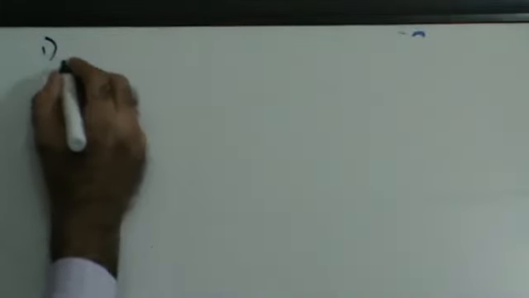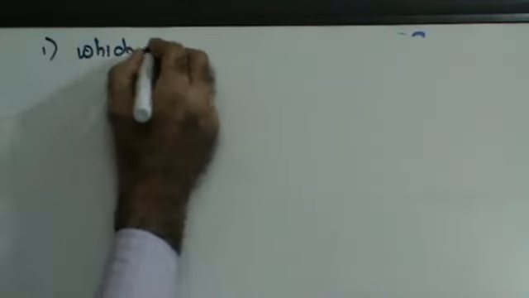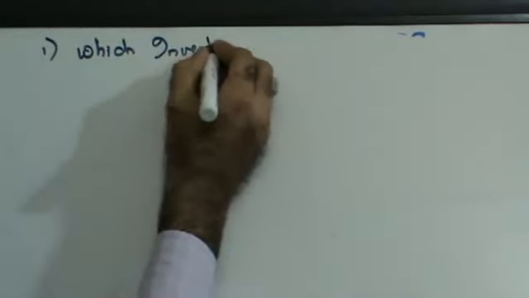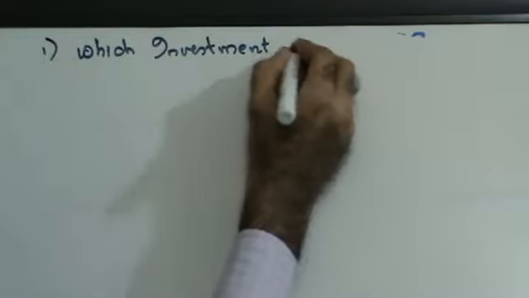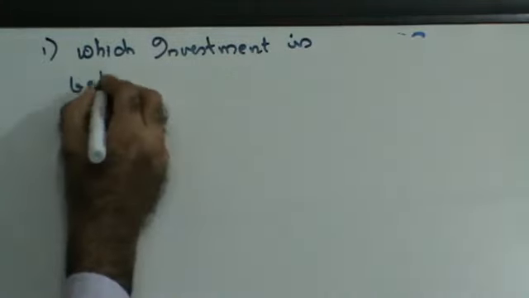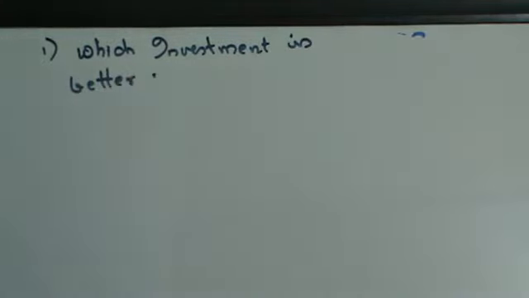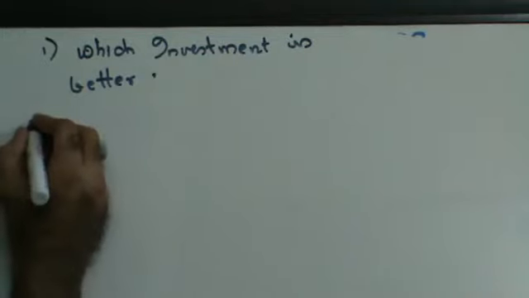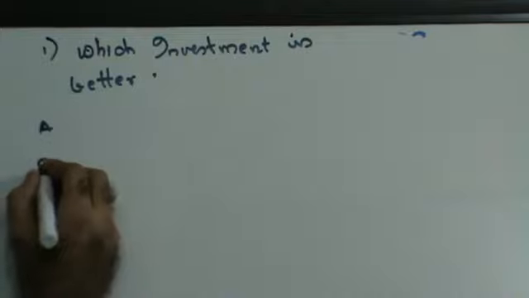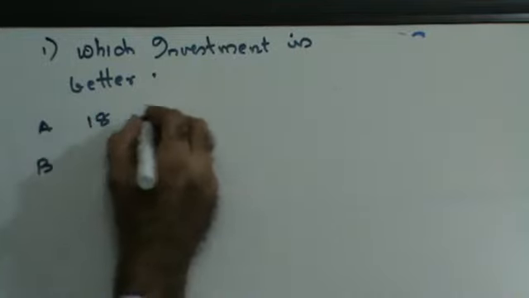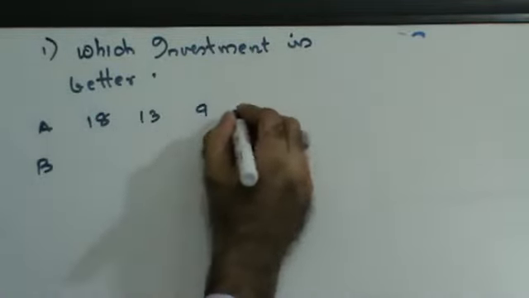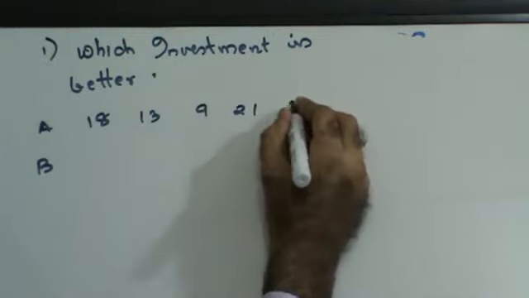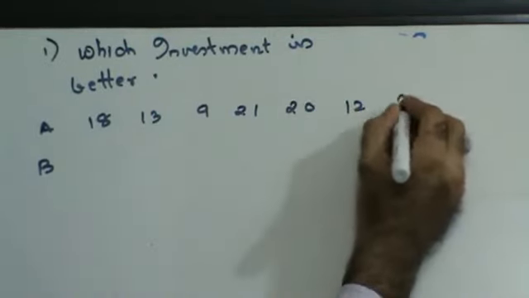Next, they've given you which investment is better. They ask you which investment is better. They give you two types of investment, A and B. A gives you 18, 13, 9, 21, 20, 12 and 25.